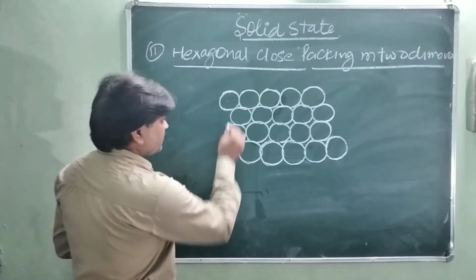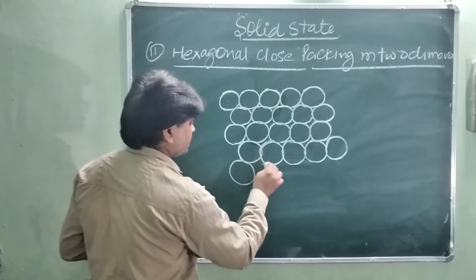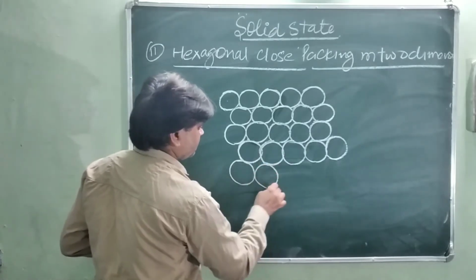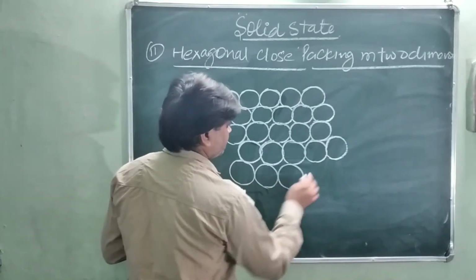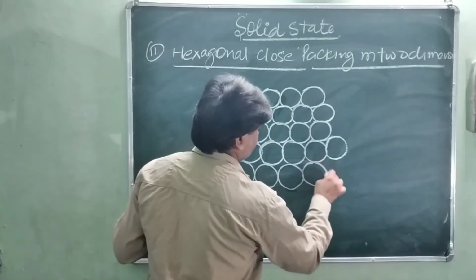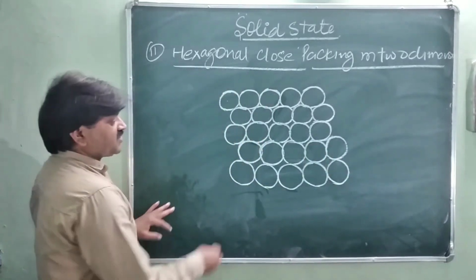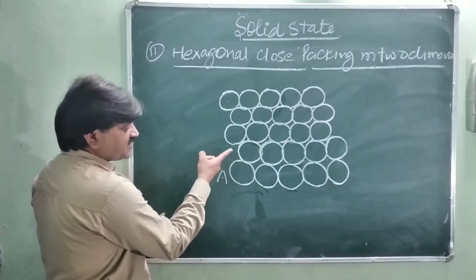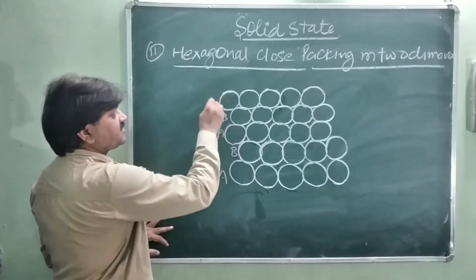Again in this way, the first layer just like this. So if this is A type, now not the similar, just like this is B. Further A, this is B, this is A.